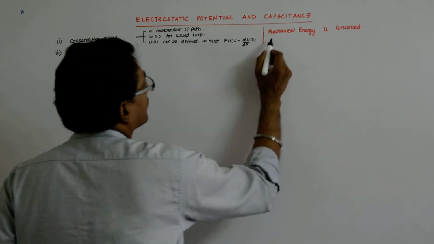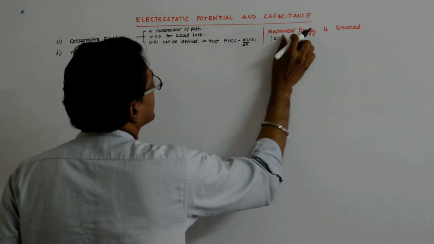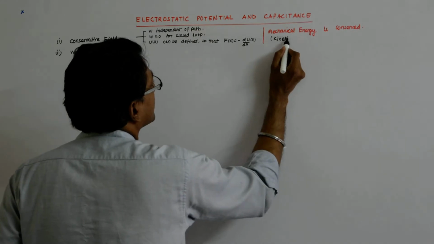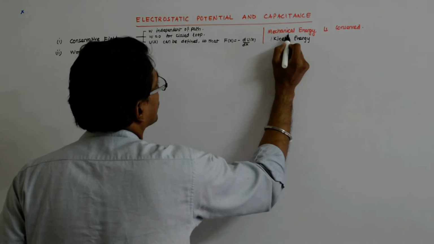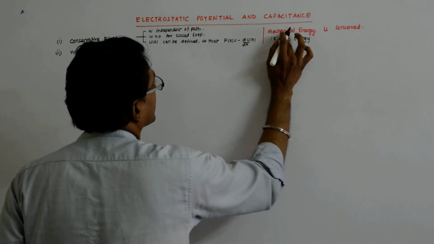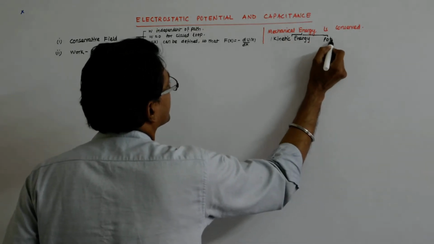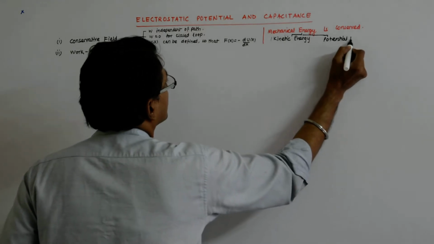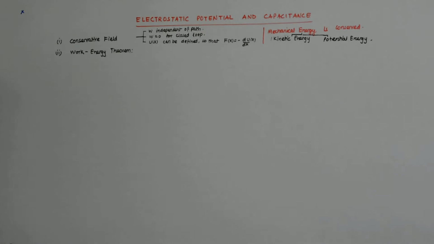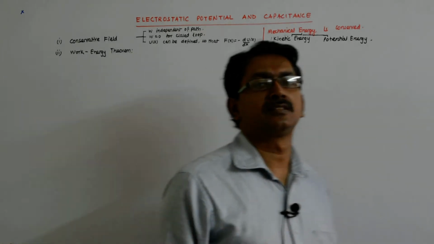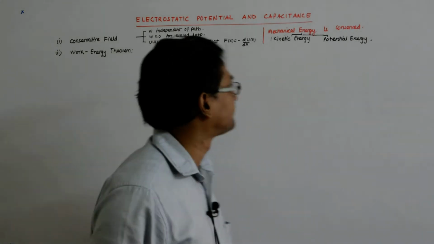There are two types of this, the KE, the kinetic energy, and the potential energy. So the sum of it, the kinetic plus potential, is equal to a constant in a conservative field. Mechanical energy remains conserved. Fine.